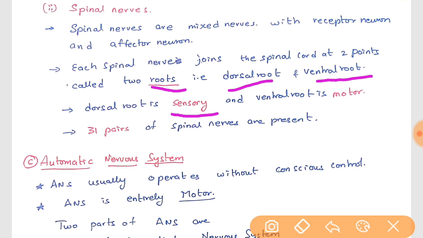Through the ventral root, the command action is taken and command information is sent. The ventral root is the motor nerve, friends. Motor in the sense it will command to do something. There are 31 pairs of spinal nerves present in the human body.